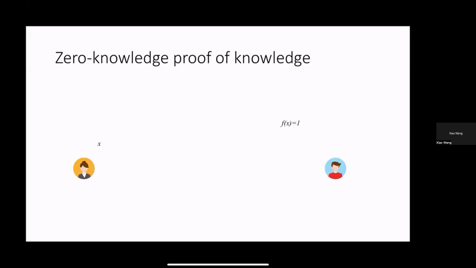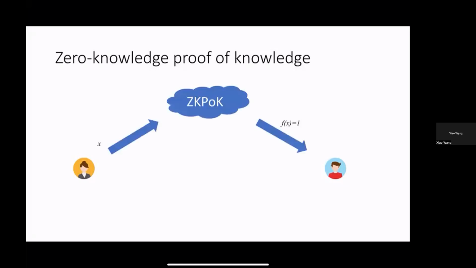Zero knowledge proof of knowledge is a particular type of zero knowledge proof, in the sense that it's usually defined to be a more composable construction. Composable means that it usually satisfies more requirements than ordinary zero knowledge proofs.